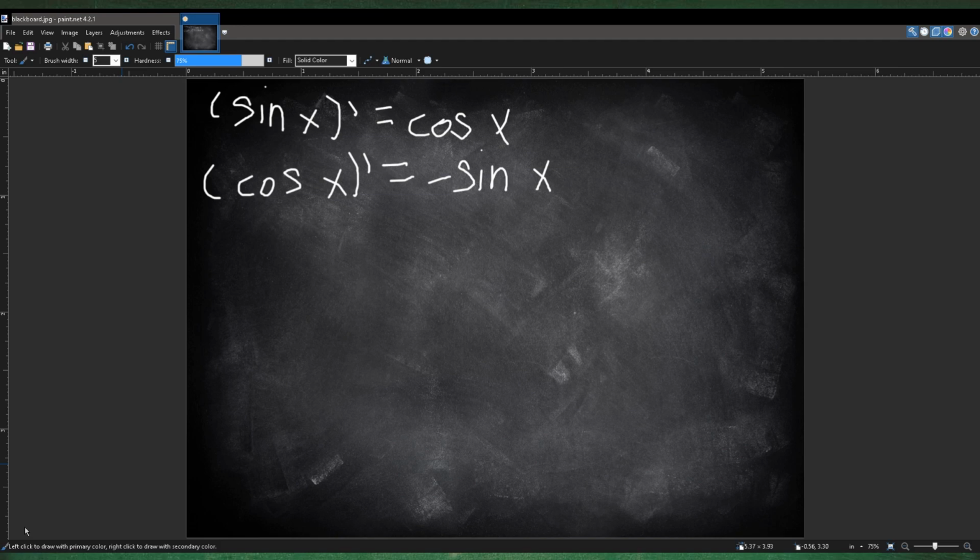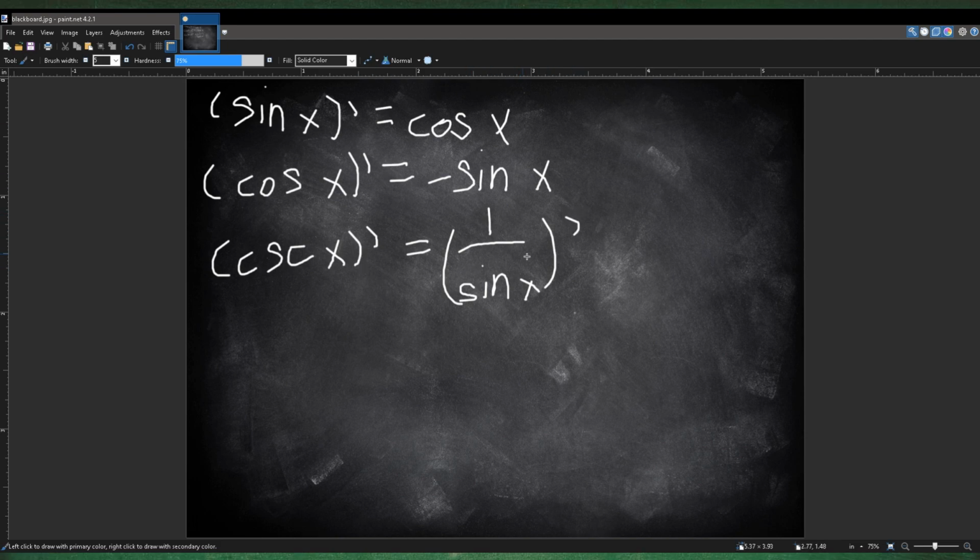Now let's go back to cosecant of x. If we want to find the derivative of cosecant of x, we just need to find out what it equals. Cosecant of x is just 1 over sine of x. So we need to find the derivative of 1 over sine of x. So we just use the quotient rule again.